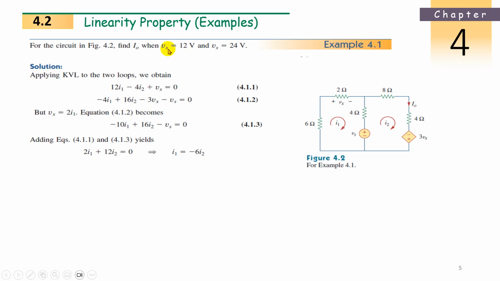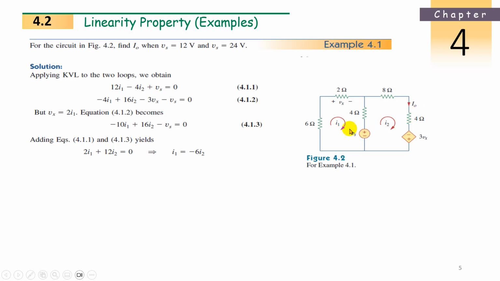Now what is our question? When Vs is equal to 12 volts, what is I0? When Vs is equal to 24 volts, what is I0? Now where is I0? This one. What is I0 as per Ohm's law in this resistance? It is I2, the same current we assumed.